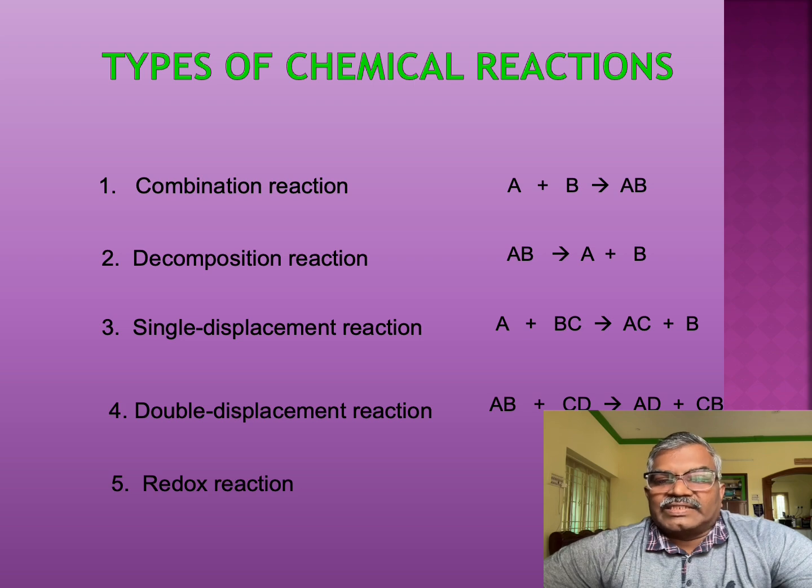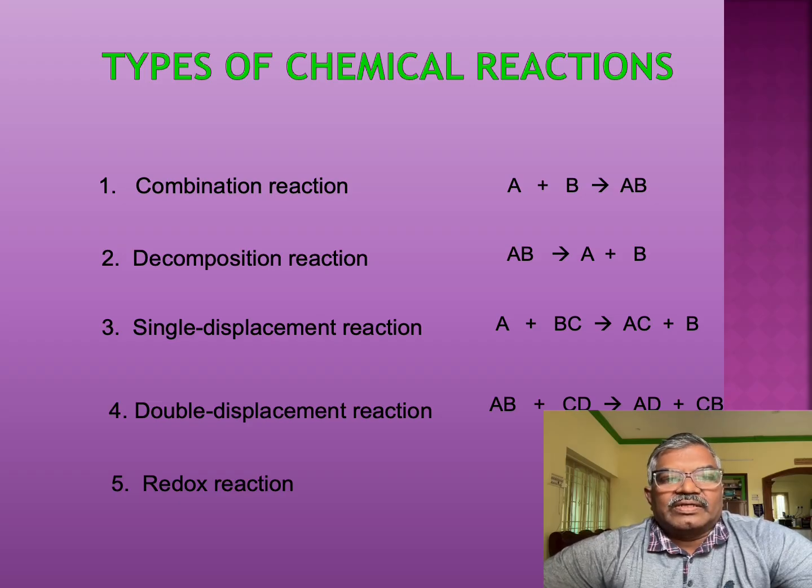We can further classify displacement reaction as single displacement and double displacement or neutralization reaction. The last one is redox reaction. So dear students, I will explain each and every type of reaction with examples and greater explanation.